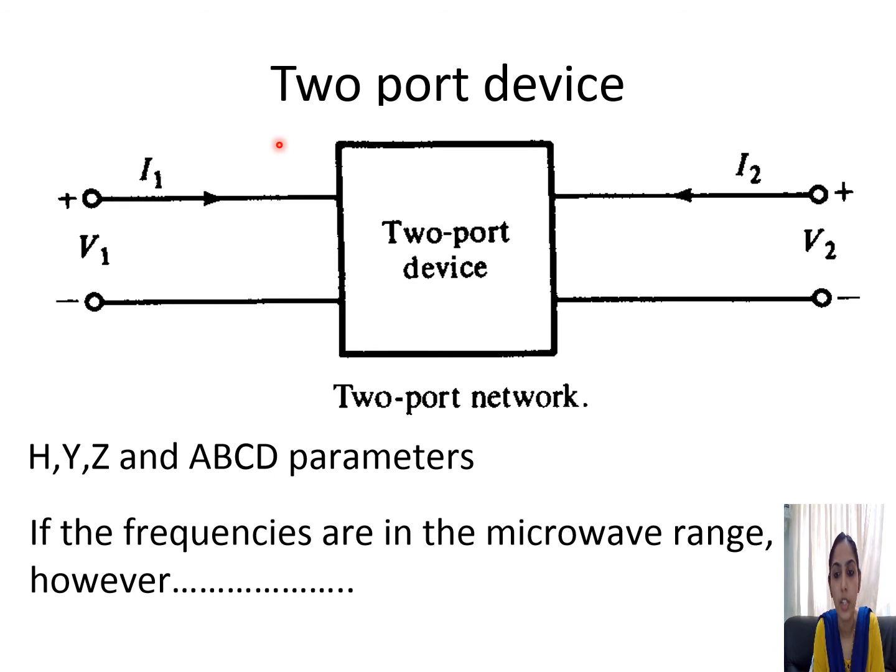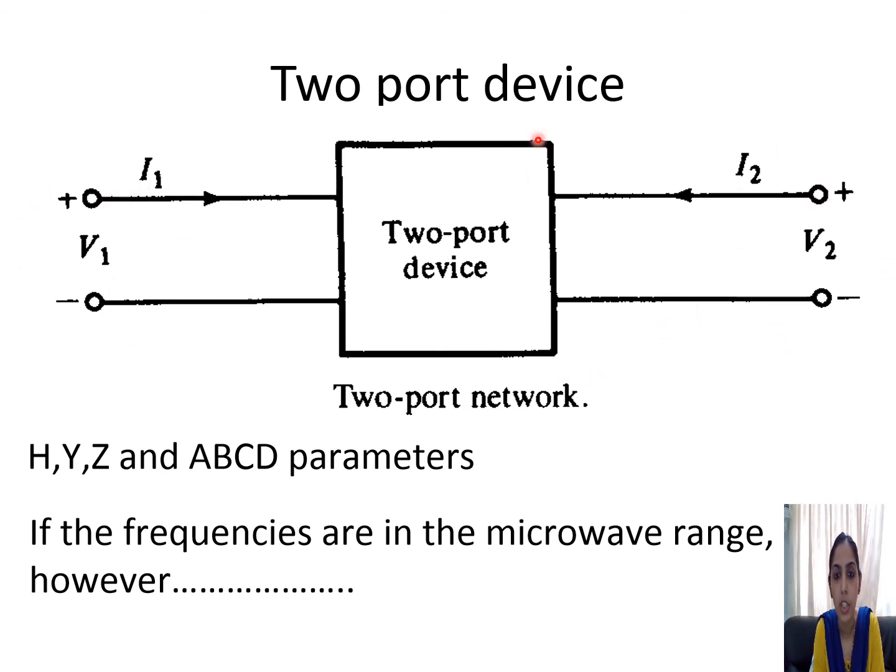Now before going into the details of the microwave hybrid circuits, let us have a general look at a two-port device. We have two ports, one port here and another port here. The current and voltage are represented here respectively: I1 current at the first port, I2 current at the second port, first port voltage V1, second port voltage V2.